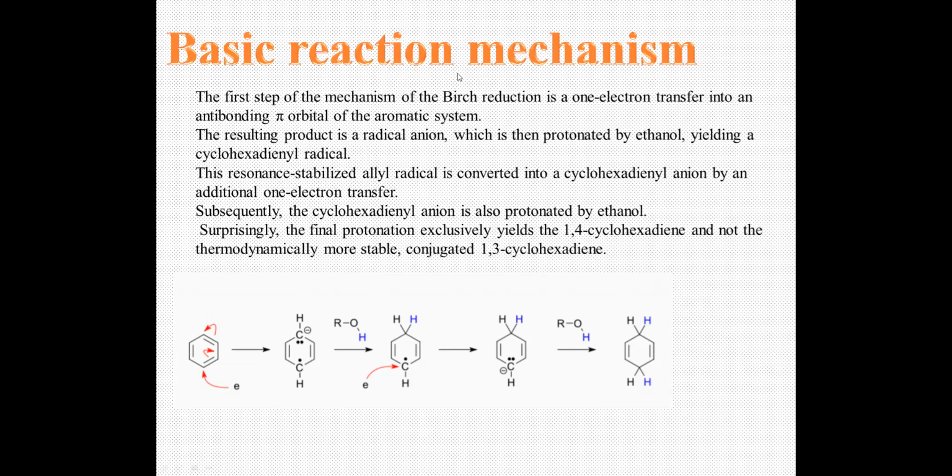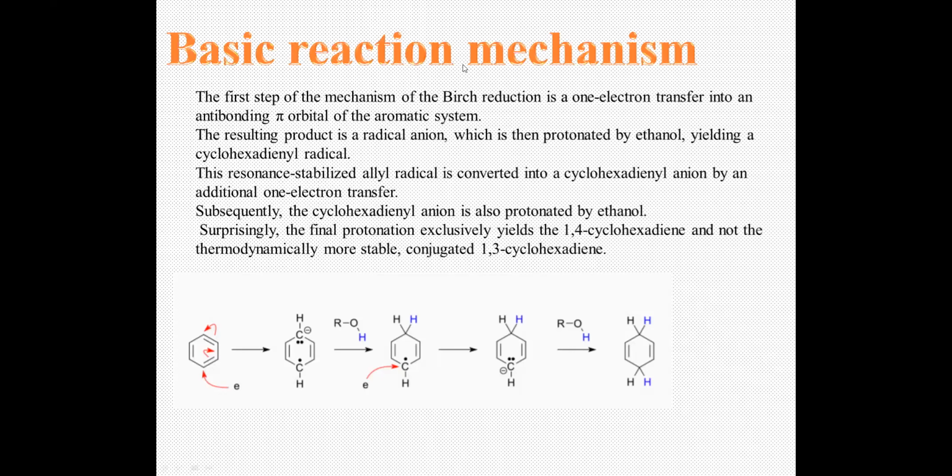You don't get a conjugated 1,3-cyclohexadiene. You get a separate, isolated 1,4-cyclohexadiene. So this is the product that is different. Usually, as per the conjugation, you should get a 1,3-cyclohexadiene, but in case of Birch reduction, you get 1,4-cyclohexadiene, which is different from your normal reaction. Okay. So this is the product that you get.